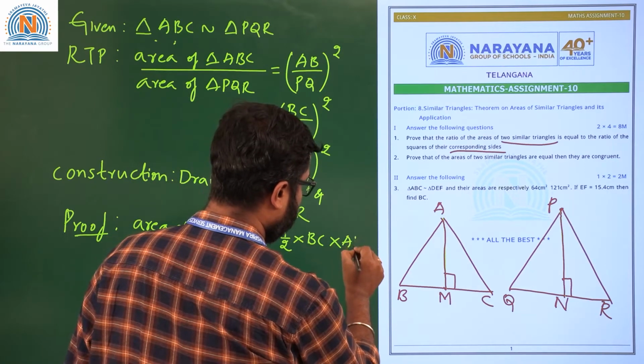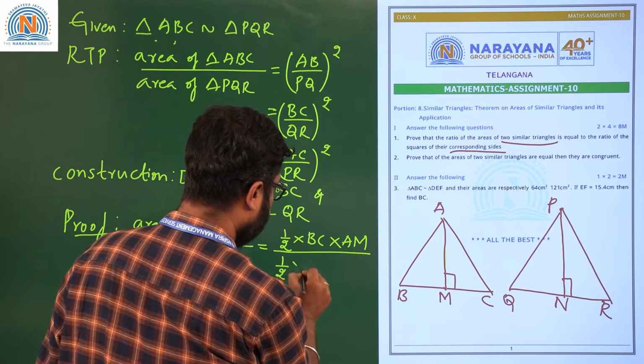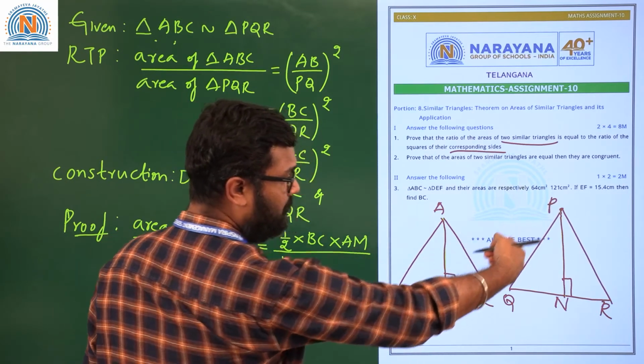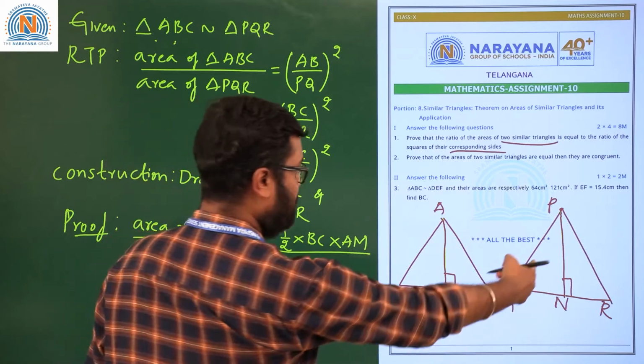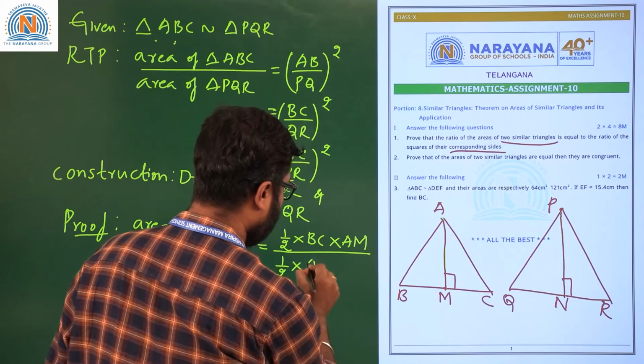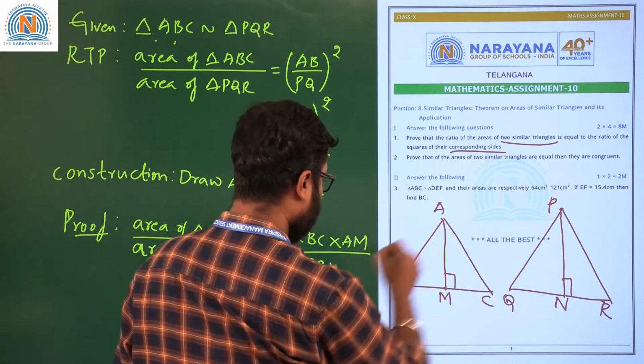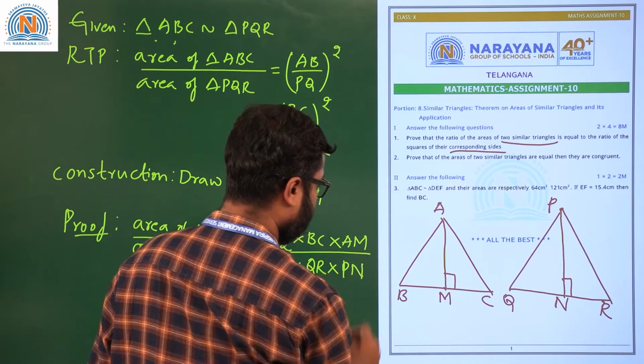By half into, in triangle PQR, the area is half into base. What is the base, children? QR, into height, which is PN.